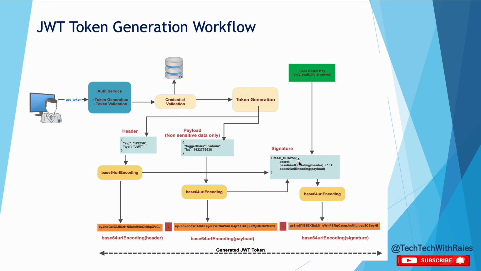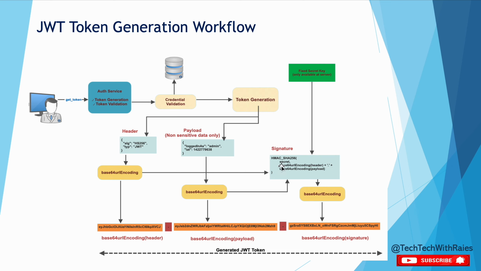And what algorithm are we going to use? We are going to use SHA-256, which is hashing 256. So this is the algorithm we use to perform a hashing operation on these inputs: the secret, the base64 URL encoding of the header, and the base64 URL encoding of the payload, with a dot between them.